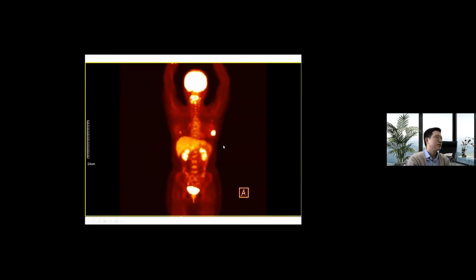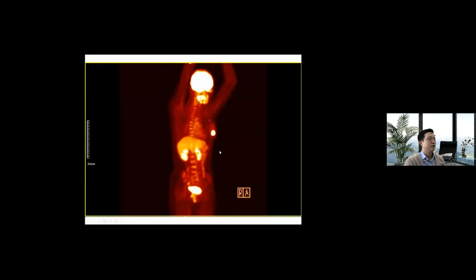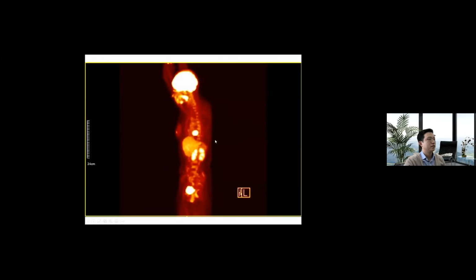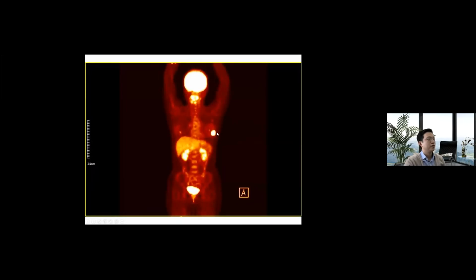So this patient had FDG PET CT done for initial staging. You can see in the MIP image, a large and bright left breast cancer is shown here, and some suspicious uptake is seen in this left axillary area.